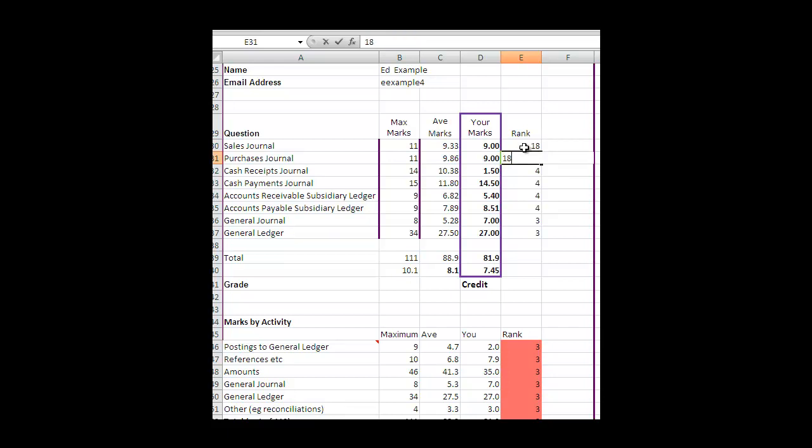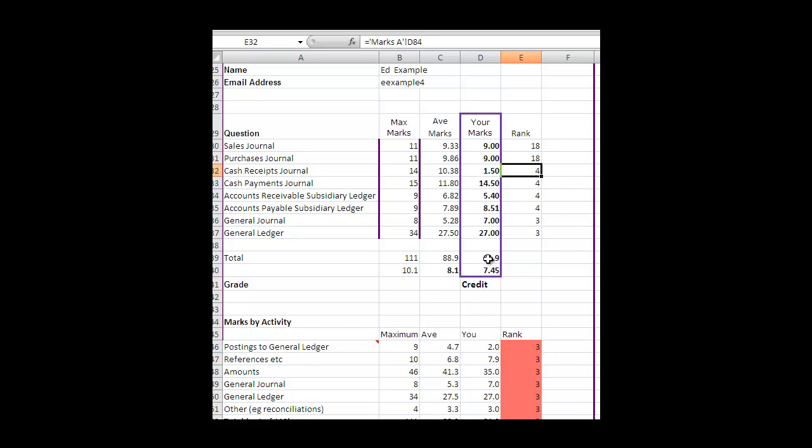Same for the next one down, the purchases journal: what's the marks available, what was the average mark, what marks did you get, where did you rank, through to the cash receipts journal. Well, if you got 1.5 out of 10, that would have ranked you very near the bottom.